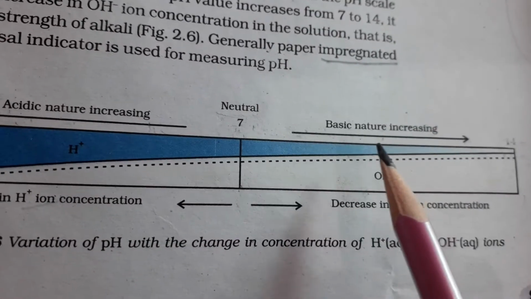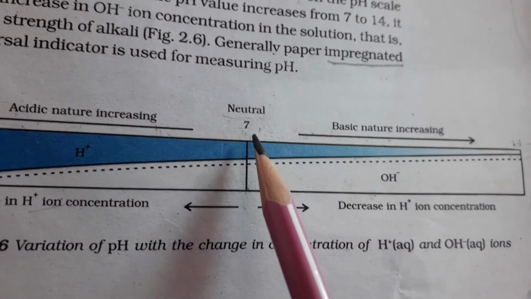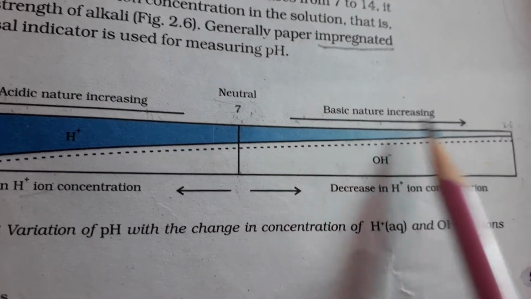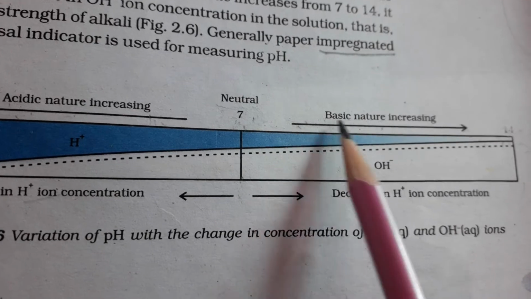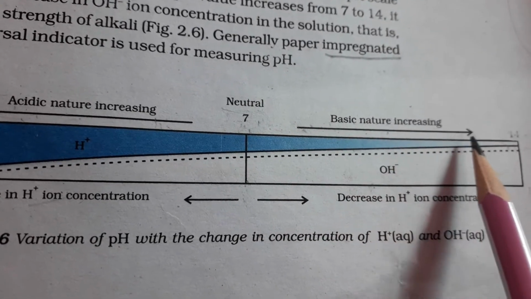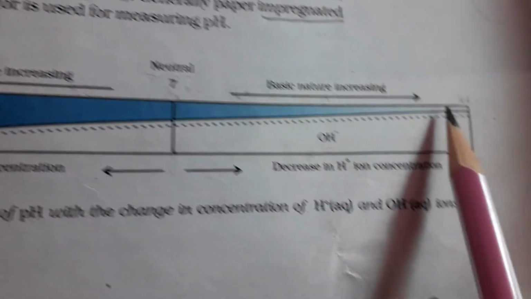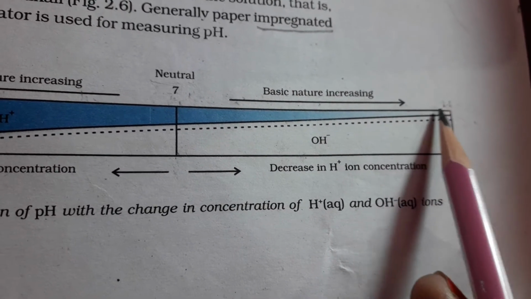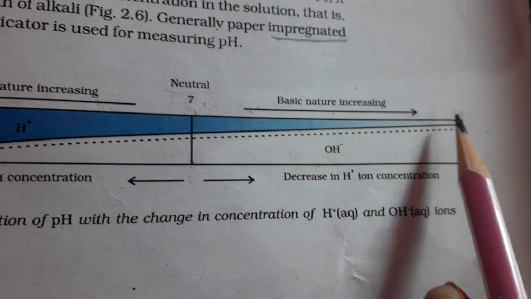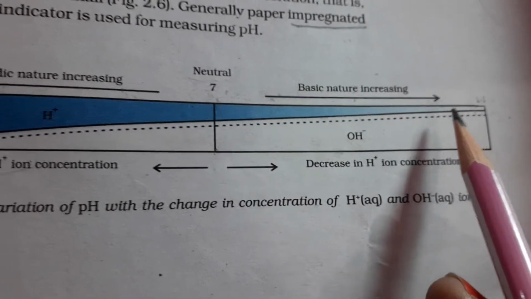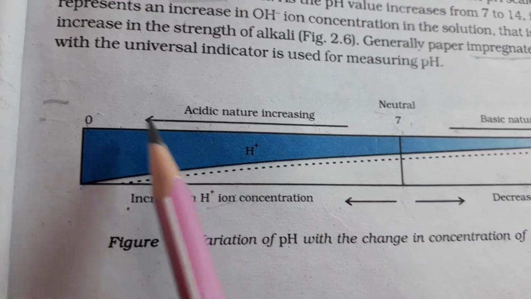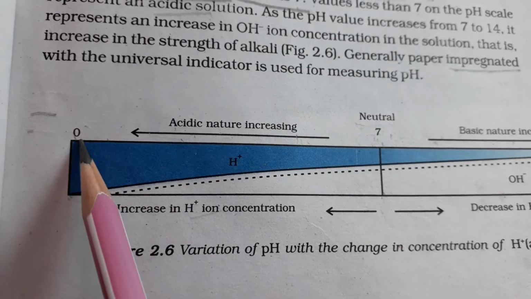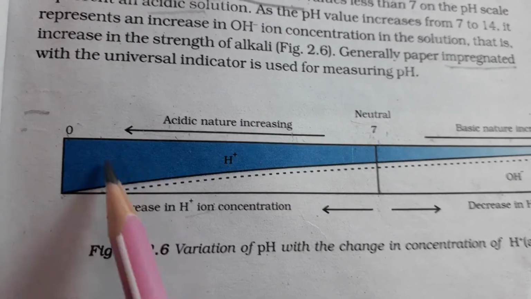In the same way, when the value on the pH scale increases from 7 towards 14, the basic nature of the solution increases. So, if any solution has a pH value of 14, it is a very strong base, and if a solution has a pH value near 0, or it is 1, 2, it is a strong acid.